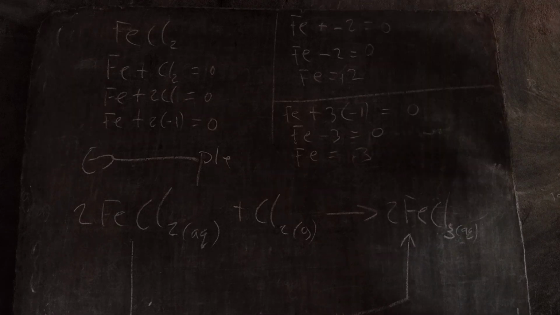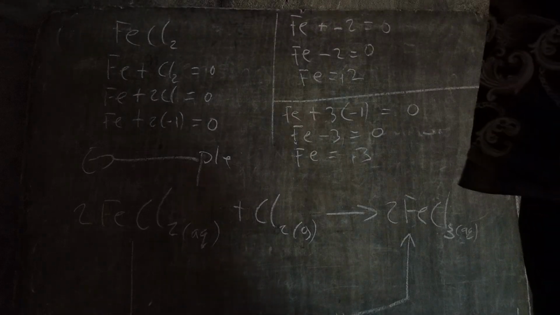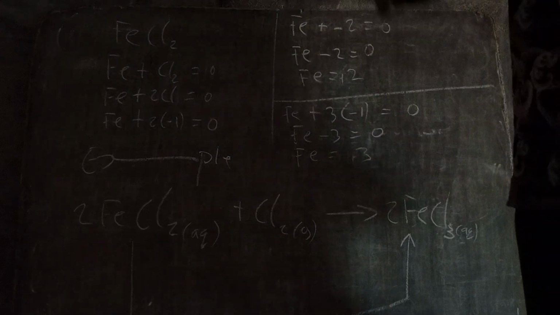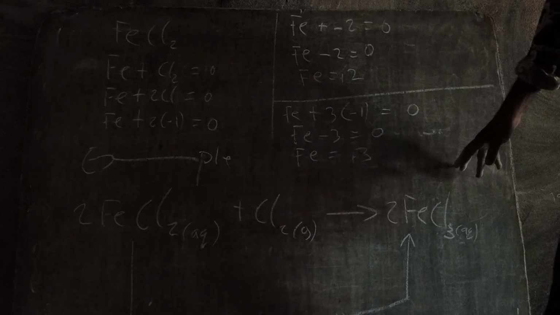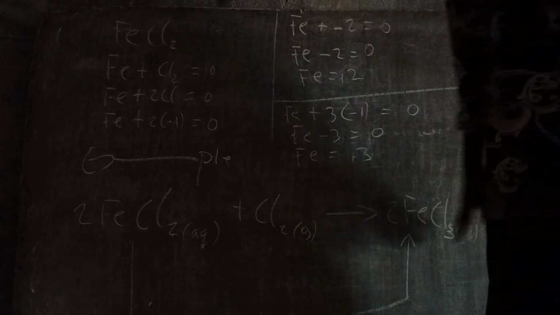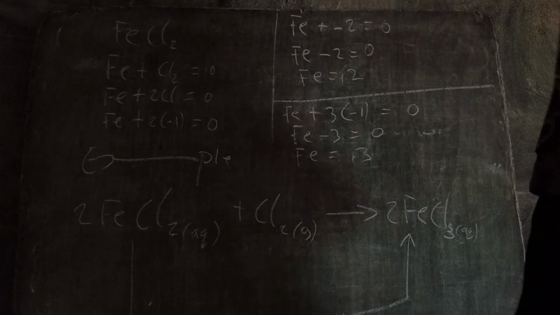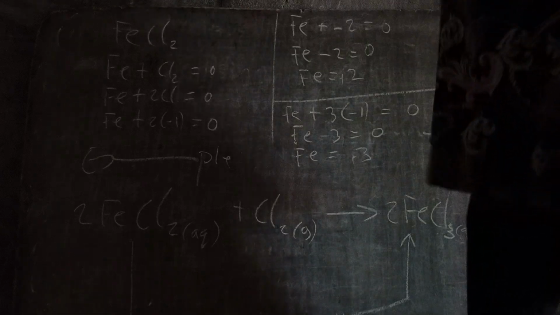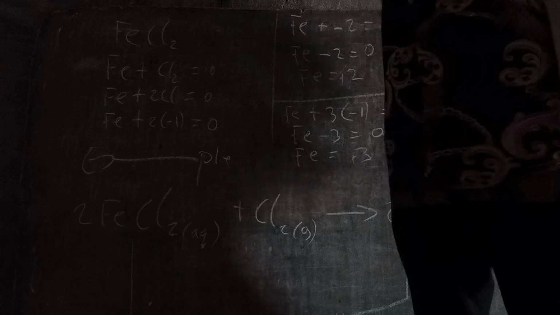So in this case, there is an increase of the oxidation number of what? Iron, from +2 to what? +3. So here now, we can assume that this reaction is called oxidation reaction because there is an increase of oxidation number of iron. Is that clear? Yeah. Good.